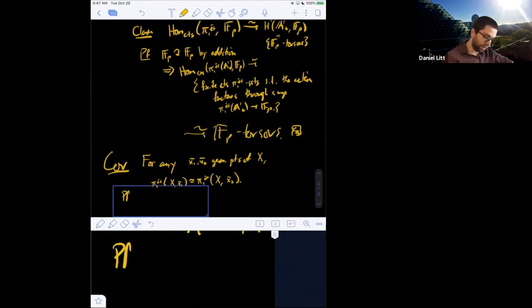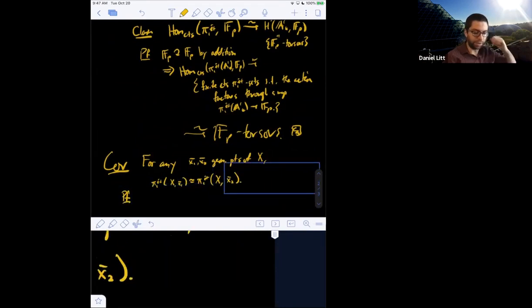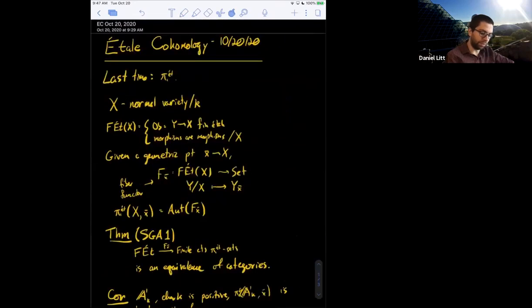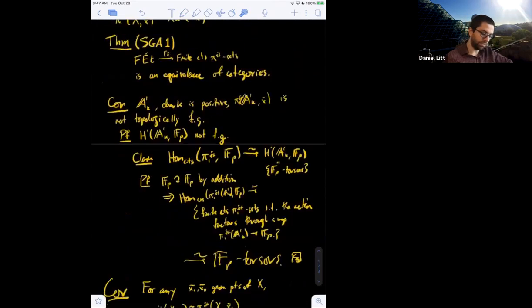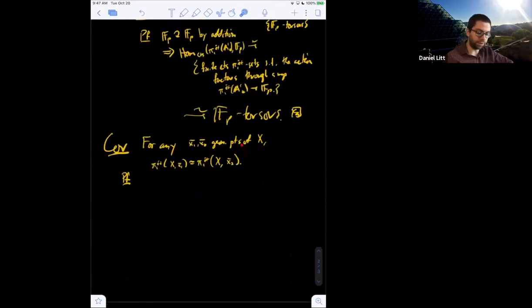This is not entirely trivial from the theorem, and a note is that this uses the assumption that X is a variety. In particular, this theorem uses the assumption that X is connected, and otherwise this is untrue. The definitions all make sense for disconnected X, but then what you get will depend on x1 and x2. Just like in topology, you'll pick up the fundamental group of the component that x1 lives in.